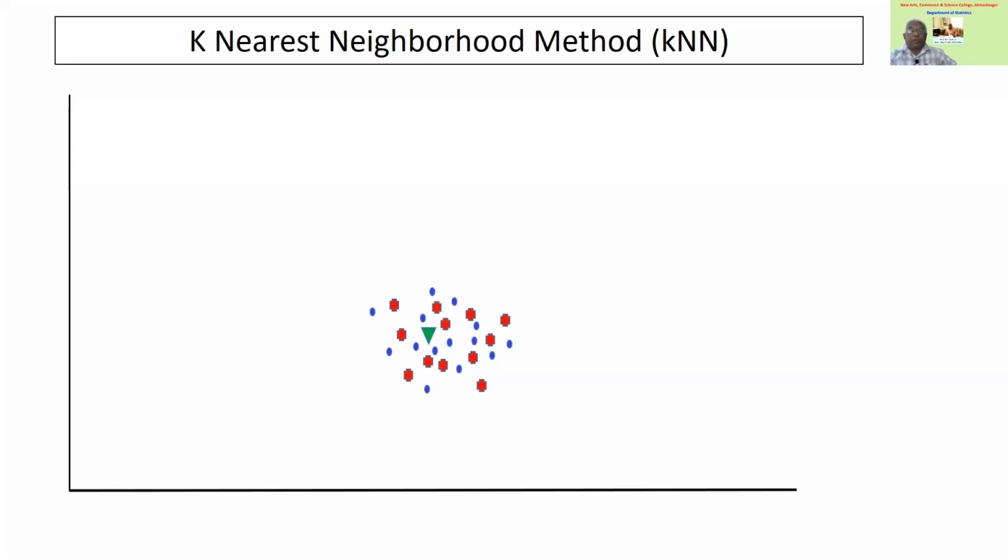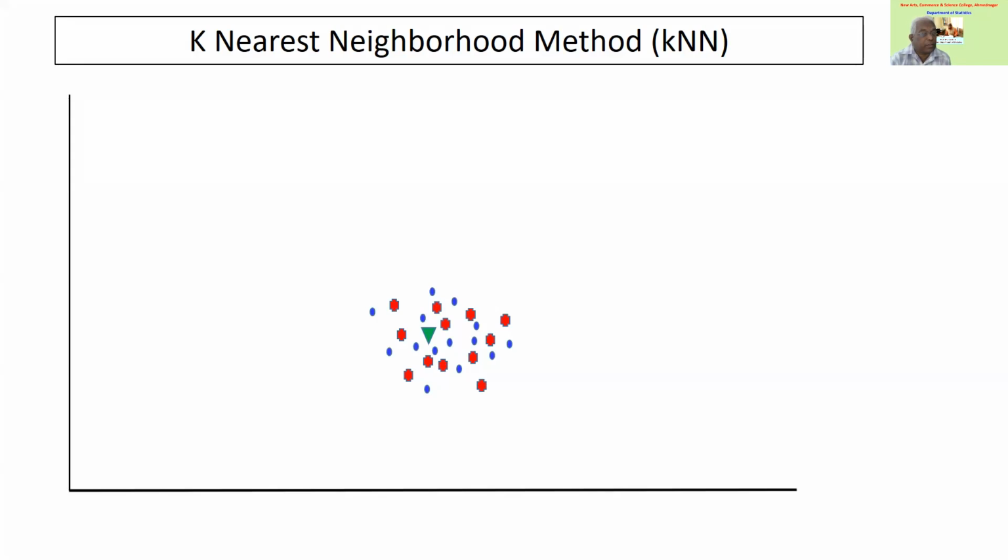This is my present situation. I have two features, one feature plotted on the x-axis, another feature plotted on the y-axis, and two classes of data are marked as blue color and red color.